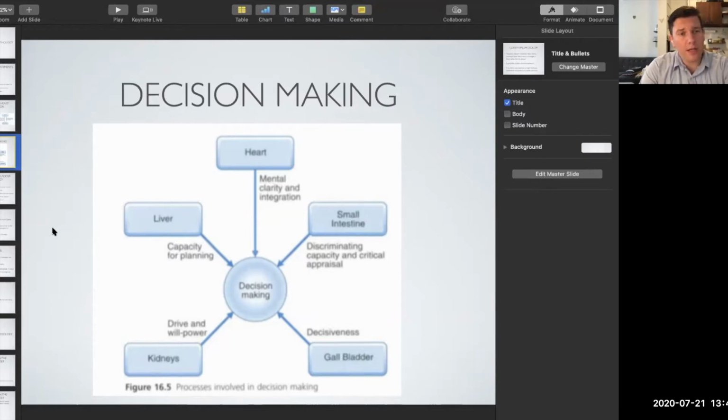We talked about the small intestine separating the clear from the turbid, right? So discrimination, both a healthy idea of discrimination and an unhealthy conception of discrimination. Those are both small intestine things. The person who's able to discriminate between the quality of street meat and going to a restaurant with an A rating, it's like, oh yes, that's intelligent discrimination.